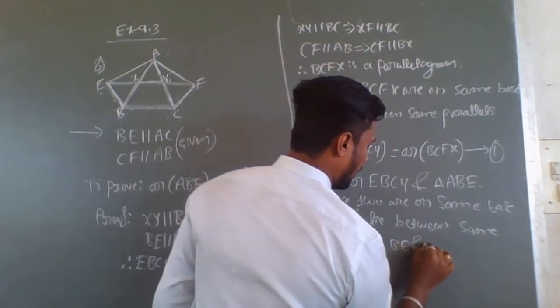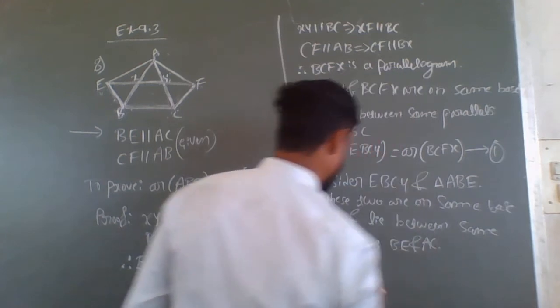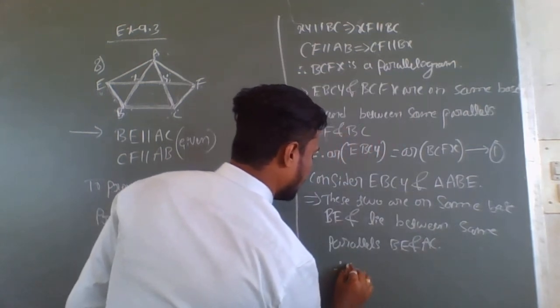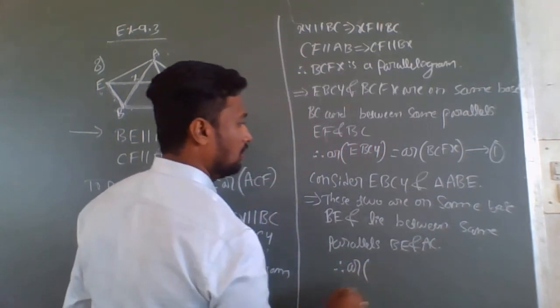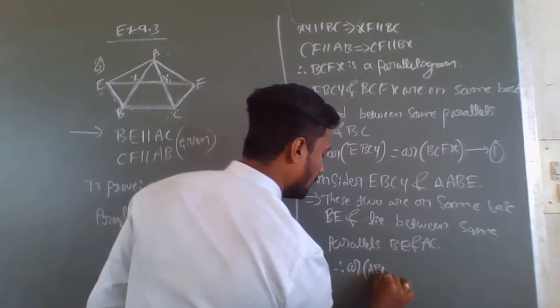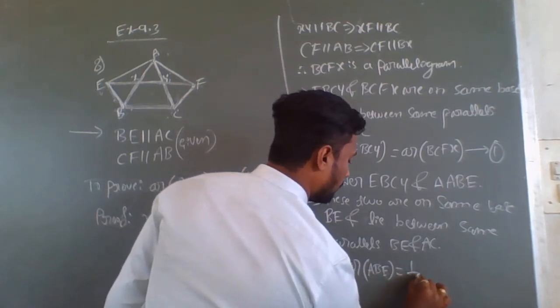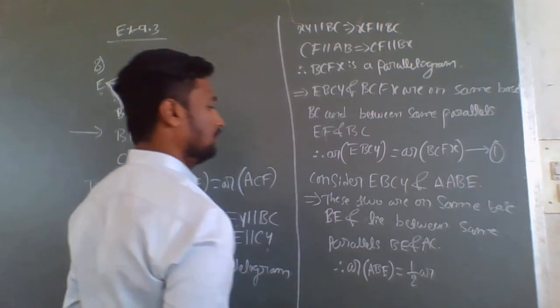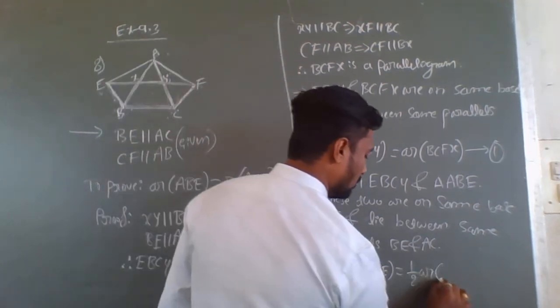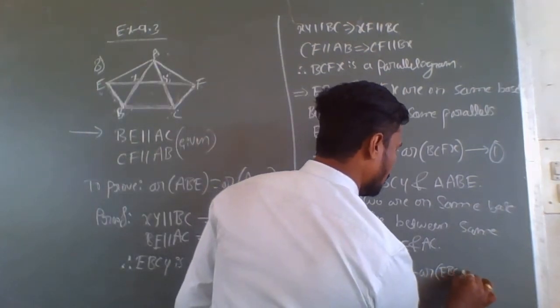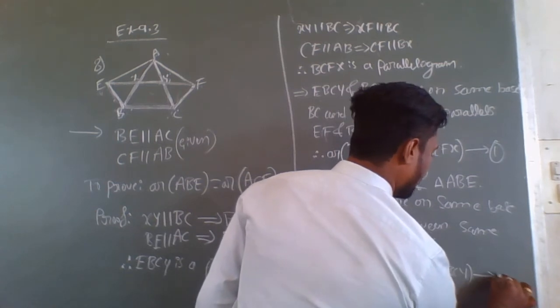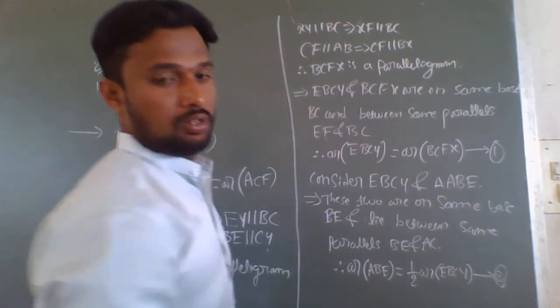Therefore, you can write that area of triangle ABE equals half of the area of EBCY, and I will consider this as 2.